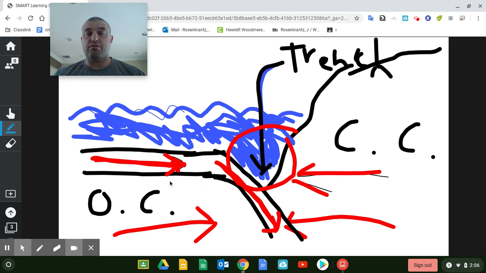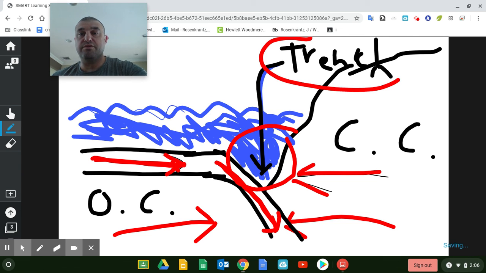So think of the ocean crust as a denser boat, the continental crust as a less dense boat. So the denser boat will dive down. And what do we call that process? That's right. That process is called subduction. And what does it form? It forms a trench. Okay?